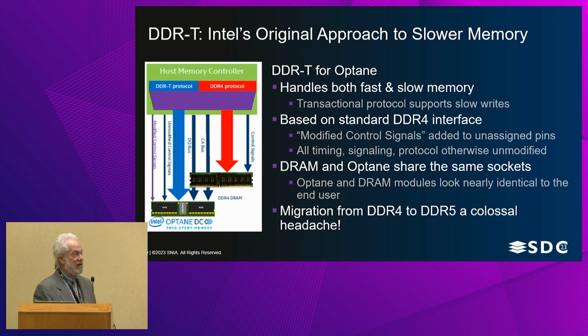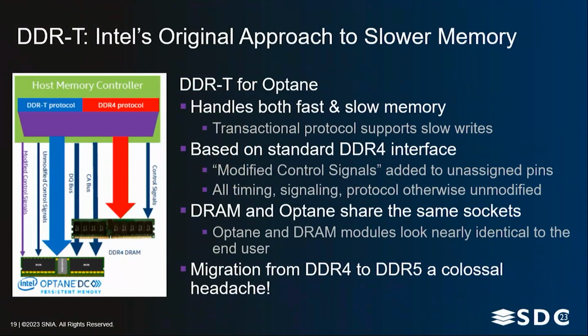It's based on a standard DDR4 interface, and so it had some modified control signals, which I didn't bring a laser pointer here. I guess I can point with this thing. But the modified control signals are one of these. I think it's this one here. I didn't make it big enough that you could read it. But the red line and the blue line are pretty much the same signals, the big arrows.